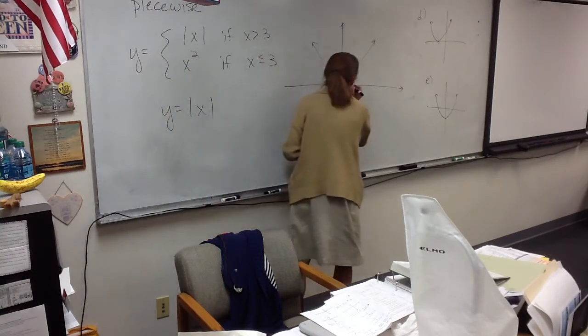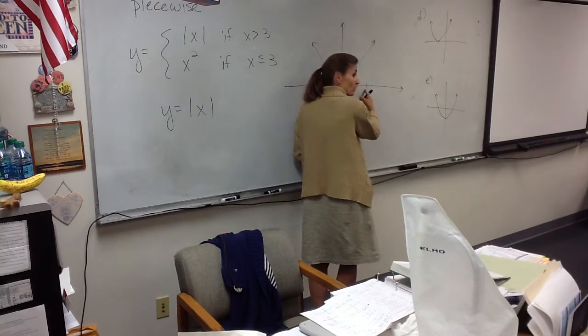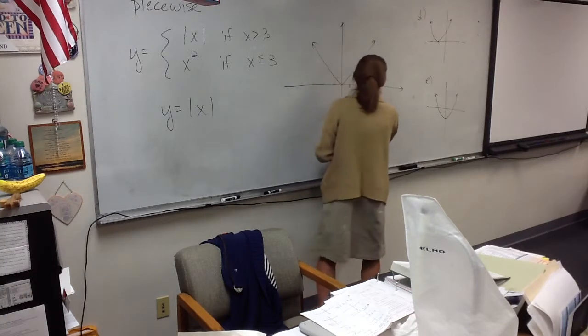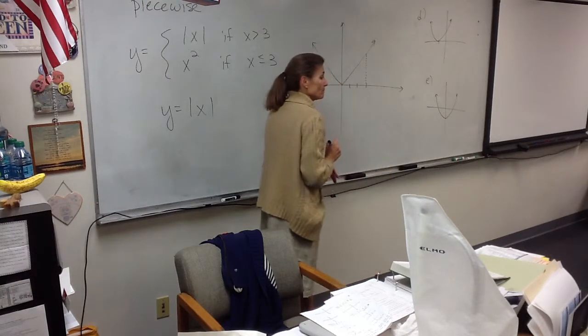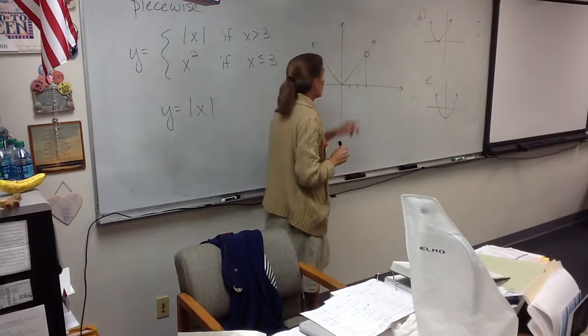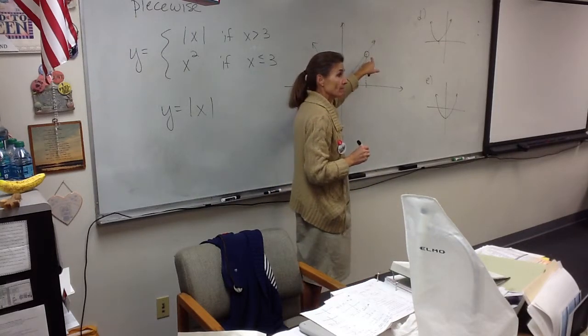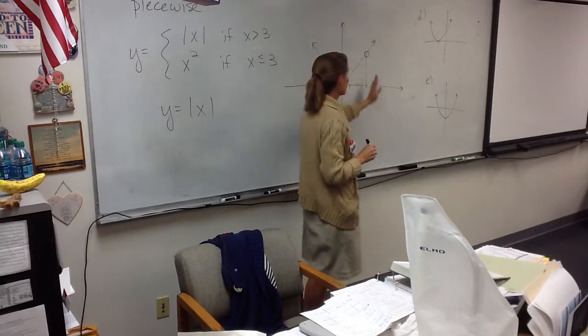So I'm going to count over here on my graph. This is where x is 3. Would you agree with that? Now I'm going to run a little dashed line straight up to my curve. This is the point on the curve where the x coordinate's 3. You need to understand that.